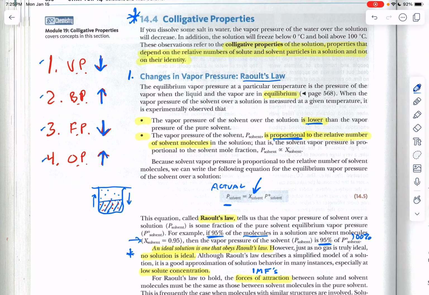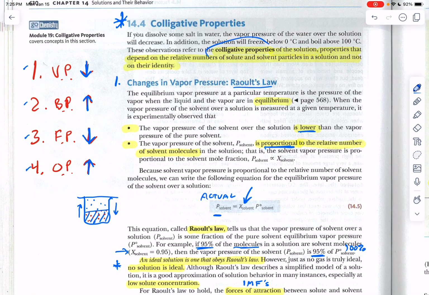So if you go back up to the definition here, colligative properties are properties that depend upon the relative numbers of solute and solvent particles, which is why we often measure them in moles, as opposed to what those particles happen to be. Now, it's not that the identity of the particles makes no difference at all.